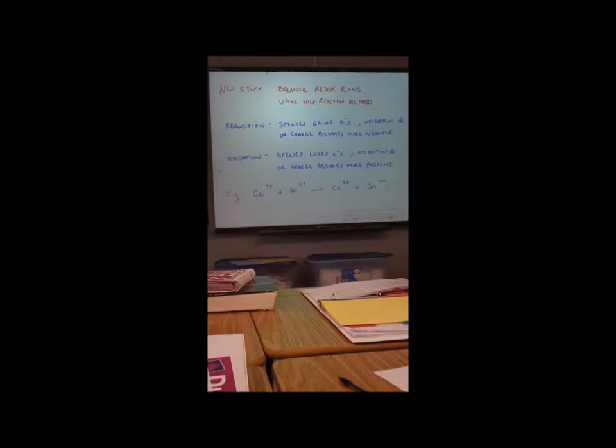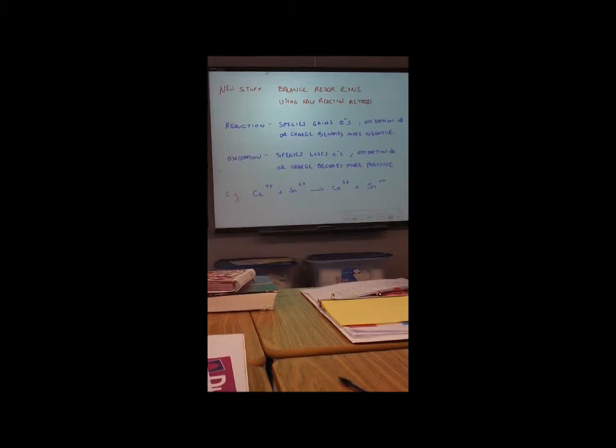We identify what's being reduced, and we focus just on balancing that half reaction. We set it aside, and then we look at the oxidation component of the system, and we balance that half reaction. And then we add the two half reactions together to get our complete, balanced redox reaction.